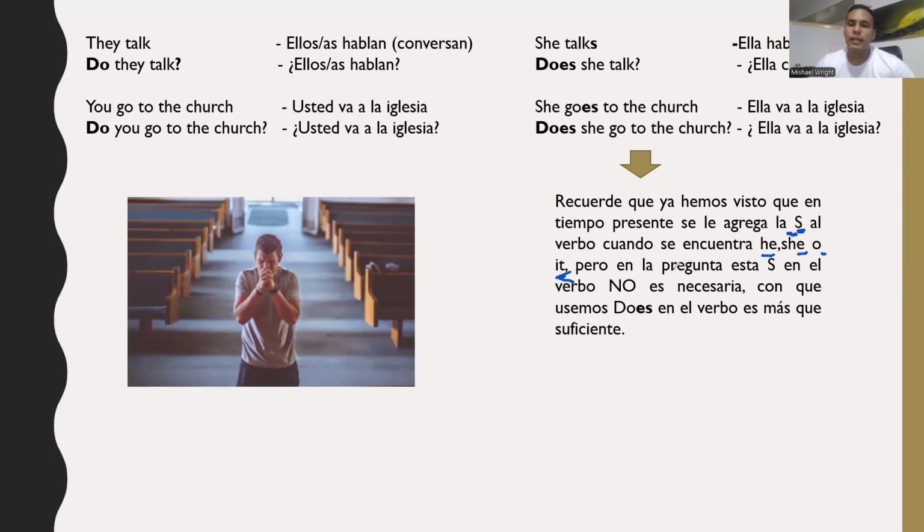But in the question, this S is not in the verb because it's unnecessary. With the fact that we use does, that is more than enough, right? I would say it is fair enough.